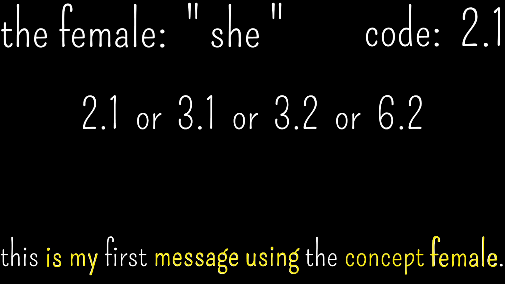We start again counting two from "my," and it is the word "message," and two from this, that is "using," and two again from "using," that is the word "concept," and one again from "concept," that is the word "female." And this message is "my message using concept female."